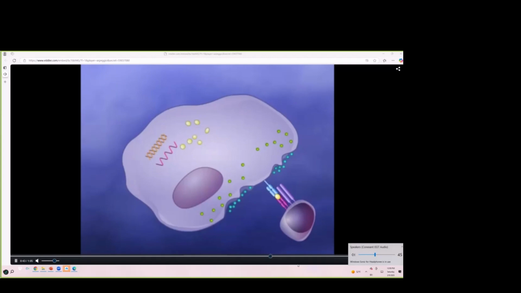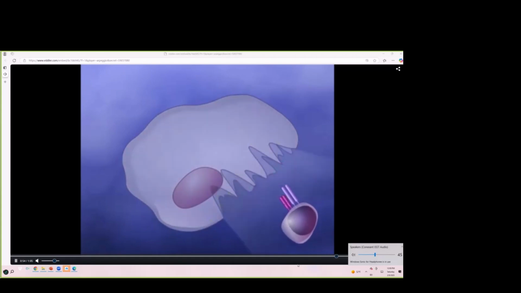Cytotoxic T cells only bind to foreign proteins presented on the surface via the class 1 MHCs. Self-proteins are not recognized. Once the cytotoxic T cells have released their perforins and granzymes, they detach from the infected cell and move on to other target cells.